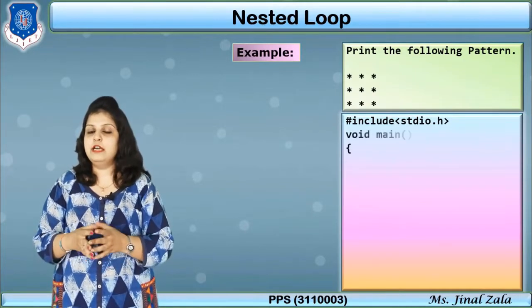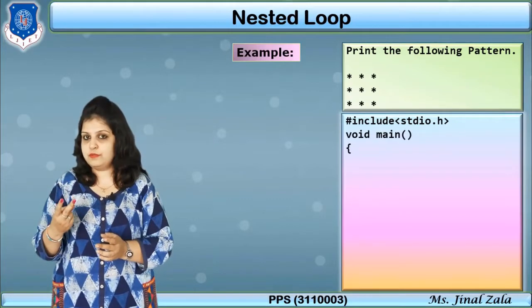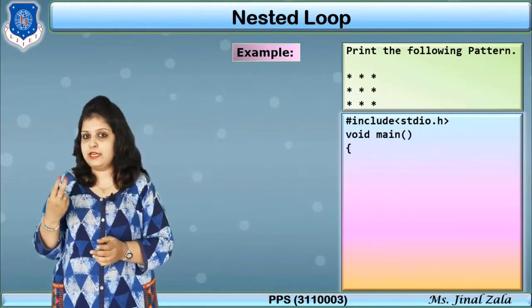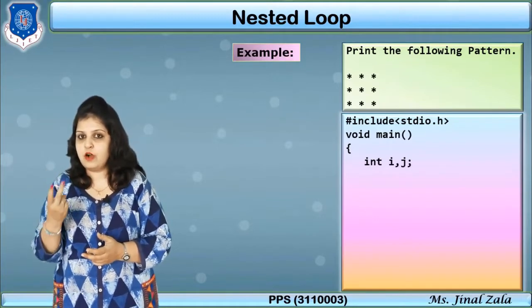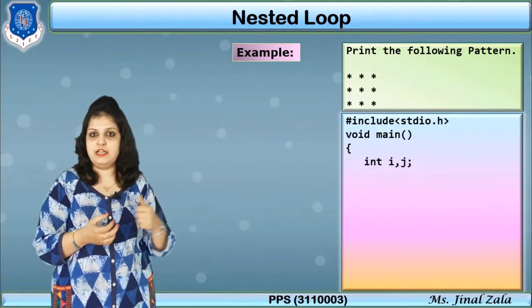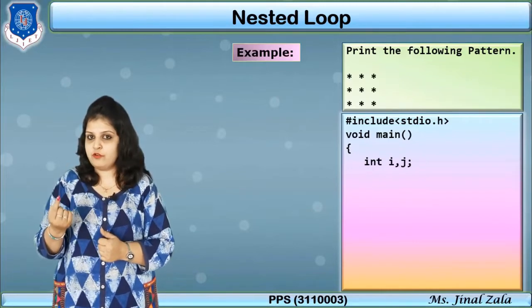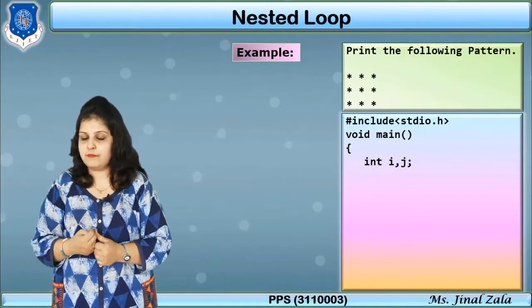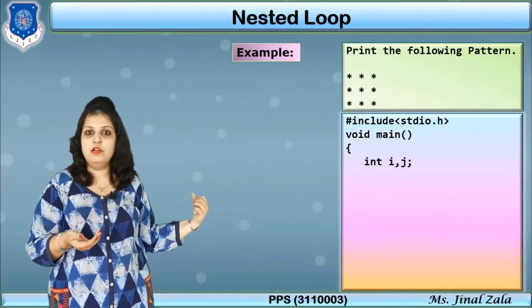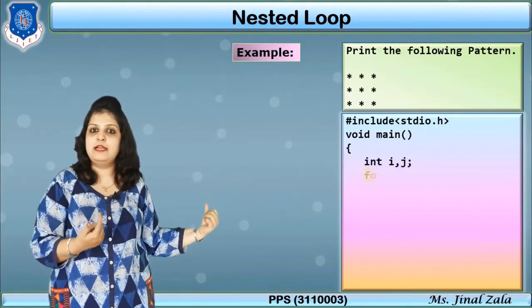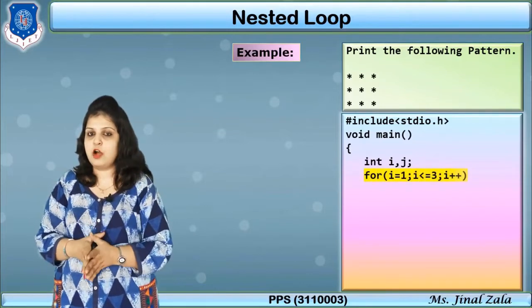Now we have to take two loops, so we declare two different variables, one for row and one for column: integer i and j. i is for row and j is for column, and we use nested loop. The outer for loop is for row and the inner loop is used for column.